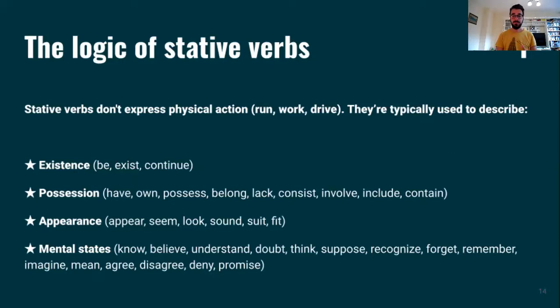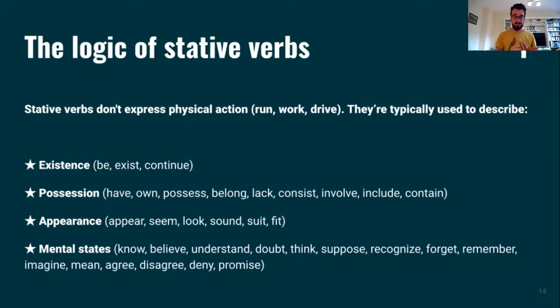Let's go back. So starting with existence, the verbs be, exist, continue are very typical and very commonly used examples of stative verbs. And you haven't probably thought about them as stative, but that's what they are. And really remember, stative verbs, they cannot have an ing form. They cannot be used in continuous tenses.